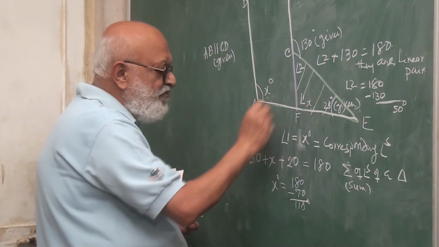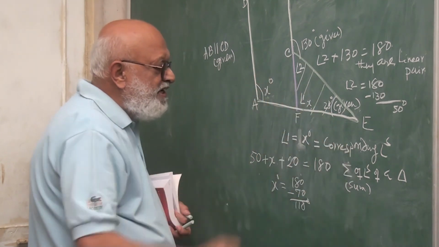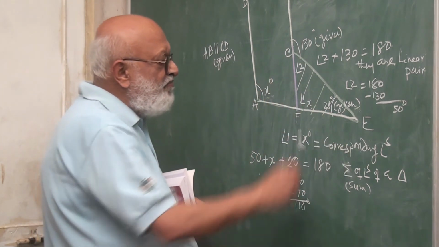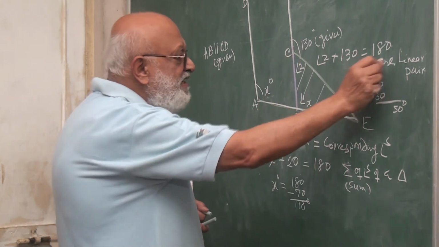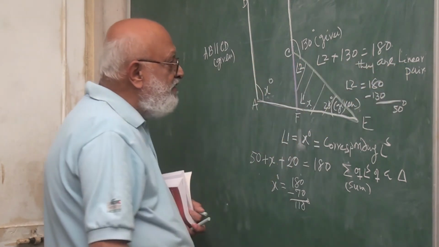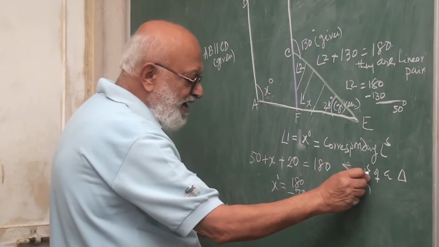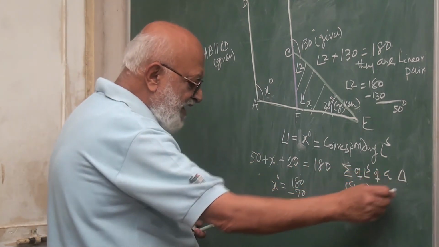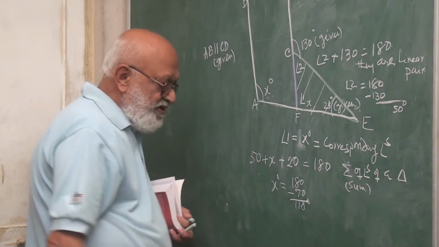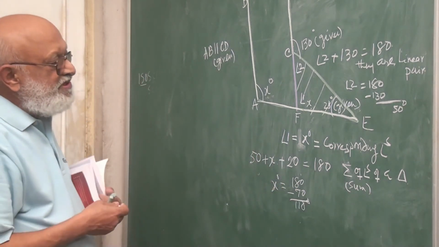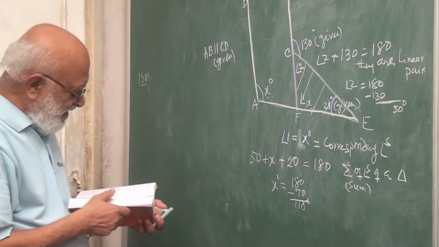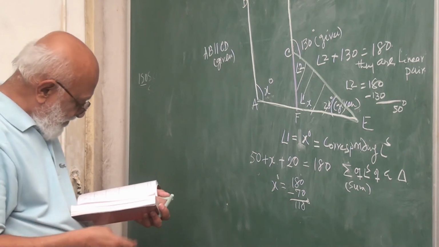Angle 1 would be the same because they are corresponding angles, and from there I found angle 2 using linear pairs, used the property of the sum of interior angles of a triangle, and from there I have found it out. So there is not much thinking about it.